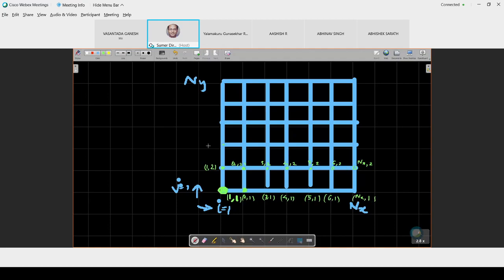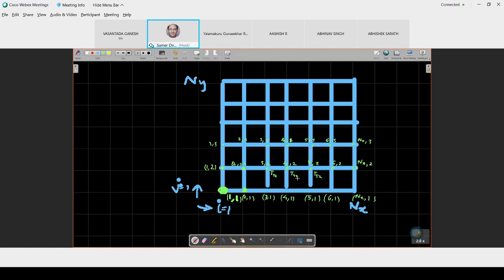For this particular row, it will be 1 comma 3, 2 comma 3, 3 comma 3, 4 comma 3, 5 comma 3, 6 comma 3, and nx comma 3. Now, if you have to represent temperature, T at this point is T32, at this point T is T42, at this point T is T52.